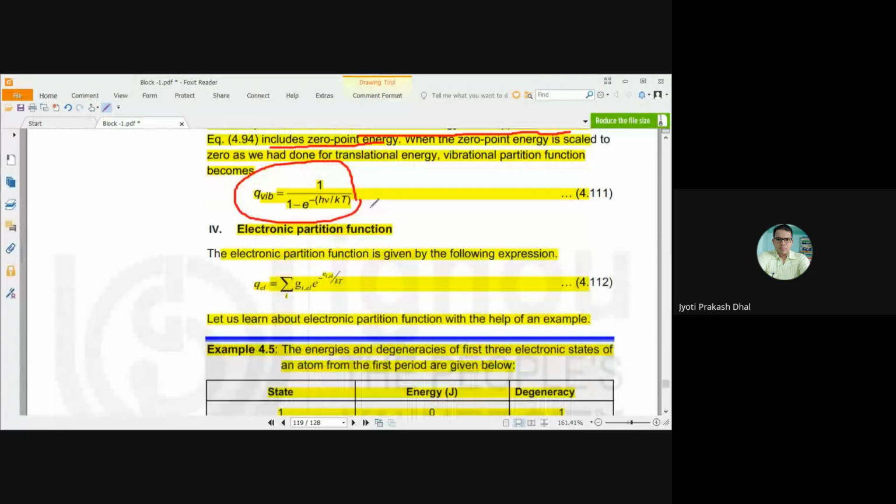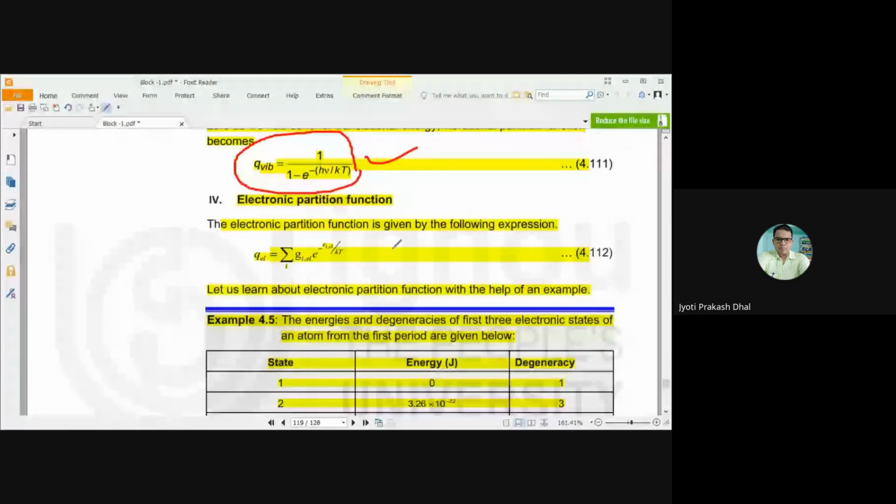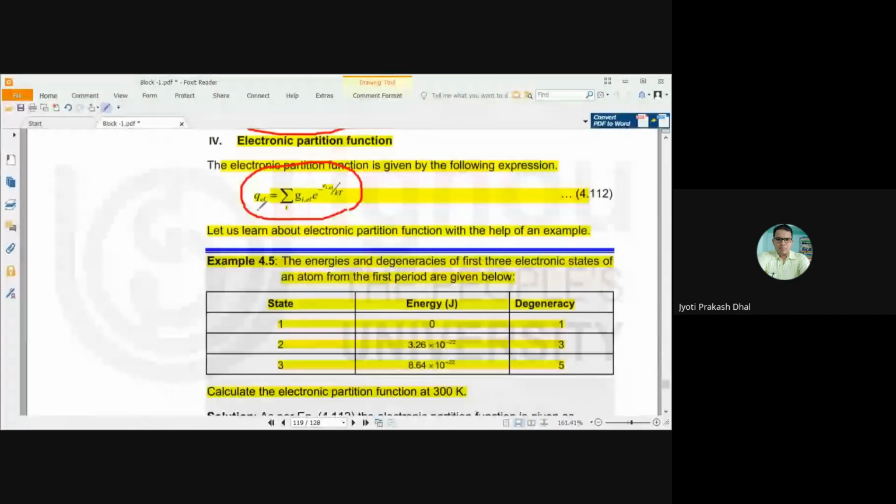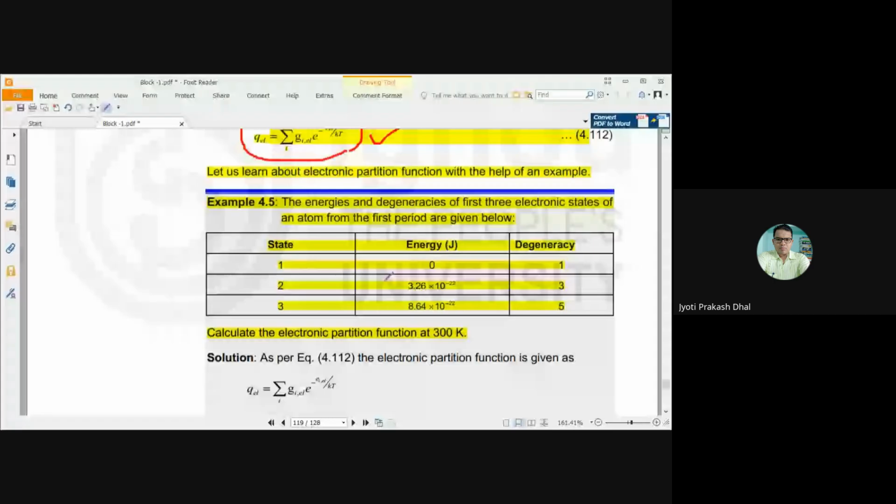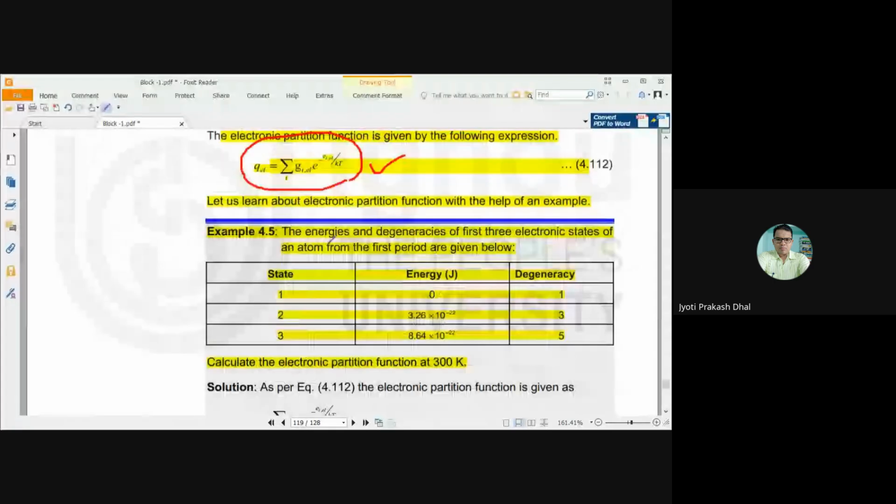Now coming to the electronic partition function. For the electronic partition function, we will again write q electronics equal to summation of gi electronics into e to the power minus epsilon i electronics by kT. So here one question is there in between that part: the energy of the first three electronic states.